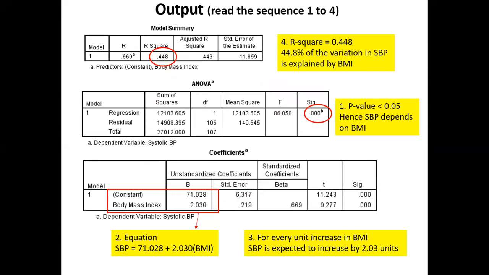Follow the numbering. What's number one? The p-value. Where? ANOVA table. Is it less than 0.05? Yes. What does it mean? BP depends on BMI.